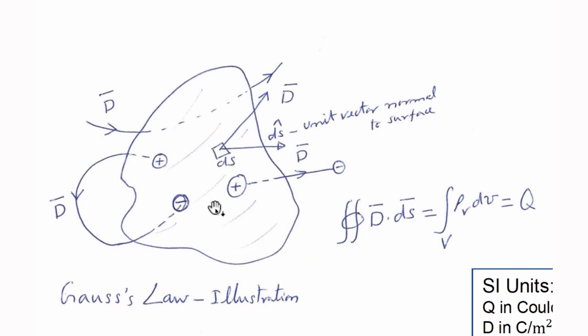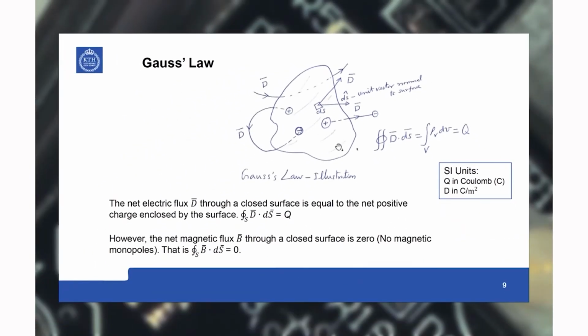So it is the total electric flux coming out that is equal to the charge contained within this volume. It doesn't matter where those charges are. The sum of all those charges together will be equal to Q. So this is Gauss' law. The net electric flux D through a closed surface is equal to the net positive charge enclosed by the surface. The unit of Q is coulombs and D is coulombs per meter squared.